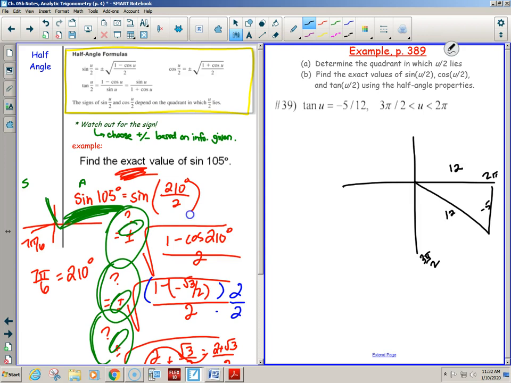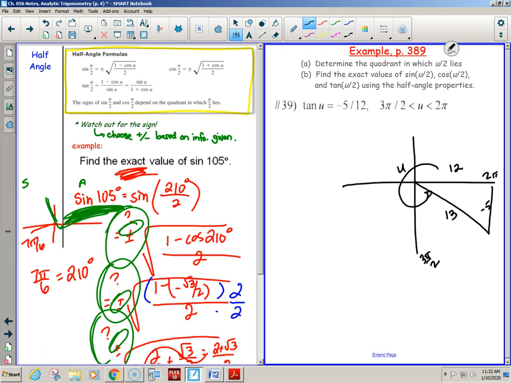Pythagorean theorem would get me the hypotenuse. So now I have my triangle to use, because these formulas say I'll get you the u over 2 using the u ratios. Which is perfect because I know the u ratios. I don't know the u over 2.